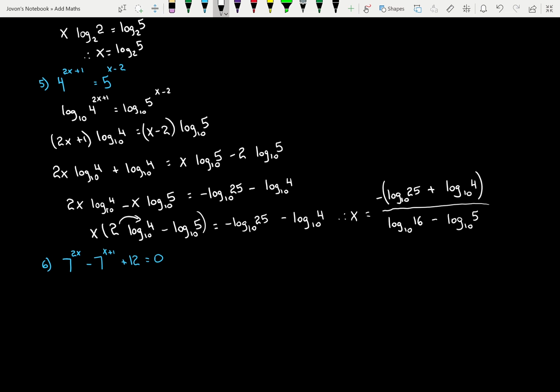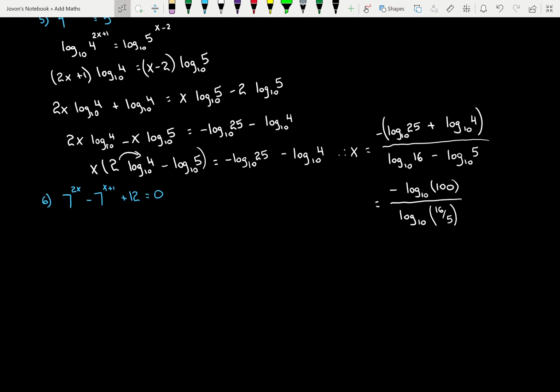Now we can actually simplify this. Notice we could combine the numerator into one term, we could combine the denominator into one term. So this would be therefore equal to minus, if we combine the numerator, log to base 10 of 25 multiplied by 4, which is 100, all divided by log to base 10 of 16 over 5.